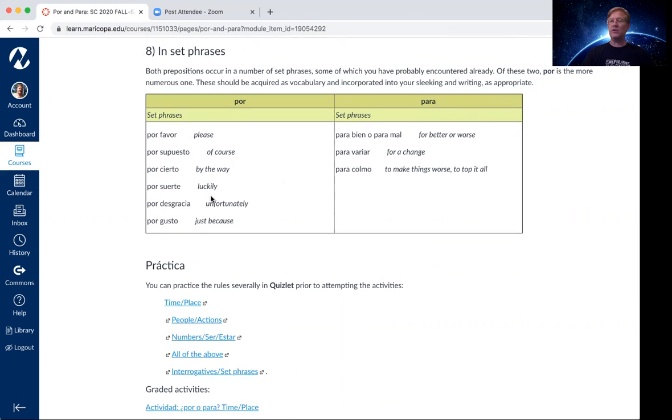These simply should be memorized as set phrases, as idiomatic phrases. Some common ones, por suerte, luckily, por supuesto, of course, por gusto, and por favor, obviously, that you learned way back when. Probably your first lesson in Spanish, you already learned por favor or something similar. Para, you have para bien o para mal, para variar, para colmo, etc.